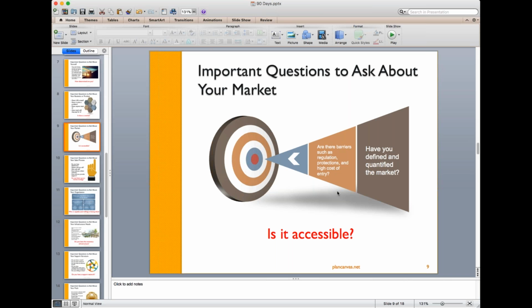What are you really going to expend your resources on in order to reach that particular market? Then you've got to ask some other questions. Are there any barriers to the market? Things like regulatory or laws, certifications, any protections out there? Like, are you under a non-compete clause that will preclude you from starting up this business? You've got to look at all of those things, and you need to look out also at, is there a high cost to entering into this market?